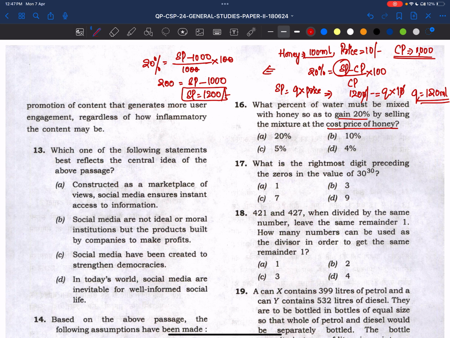Earlier honey was 100 ml before mixing water. After mixing, we are getting 120 ml. That means we have mixed 20 ml of water in 100 ml of honey. So what is the percentage? 20 by 100 into 100, that is 20%.